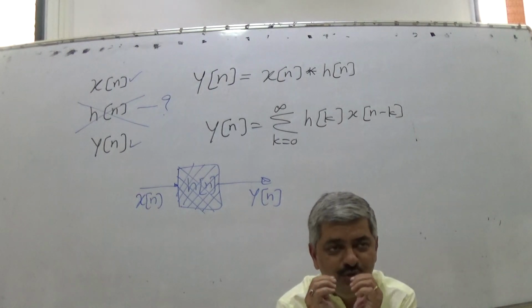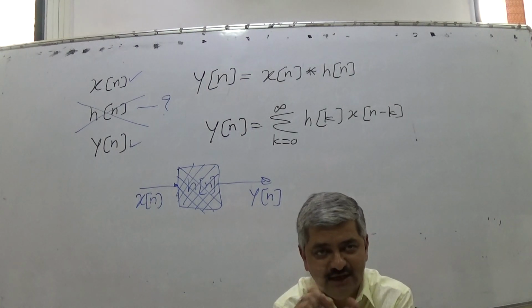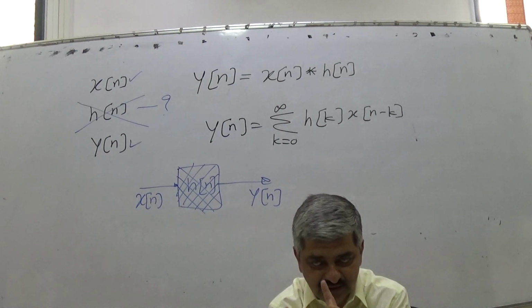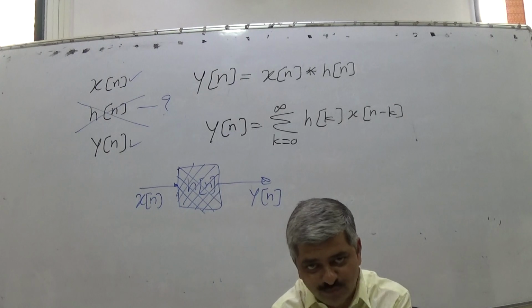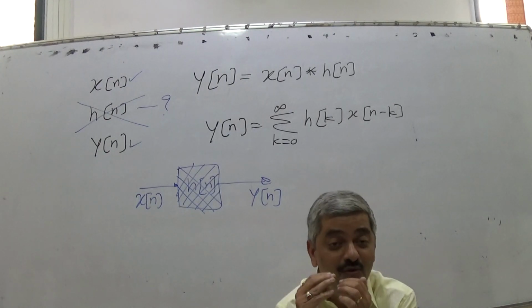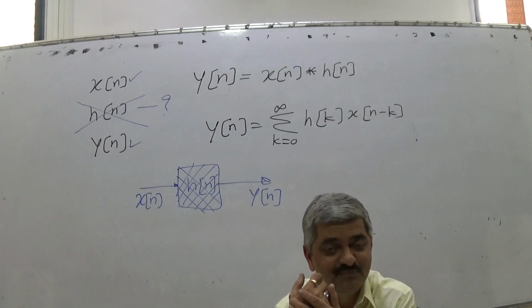So the output is a peculiar weighted sum of the input and system sequence. If you know both, you can find the output. But if you know input and output, can you find the system sequence? So alternatively, I can rephrase the question.